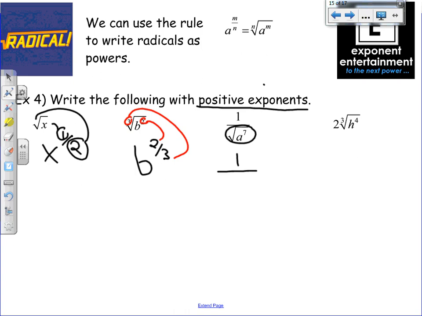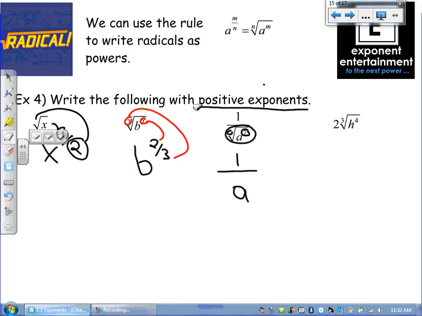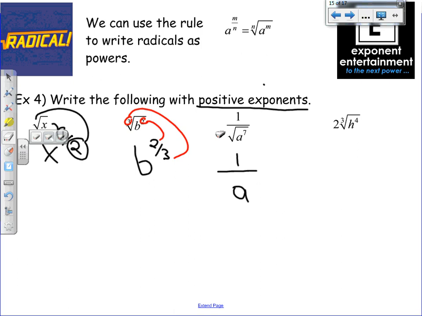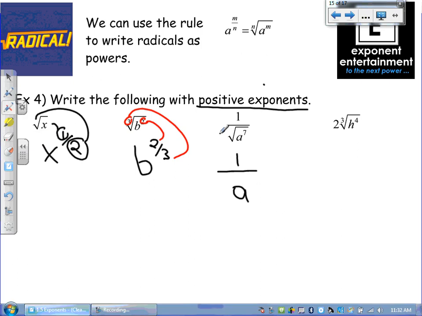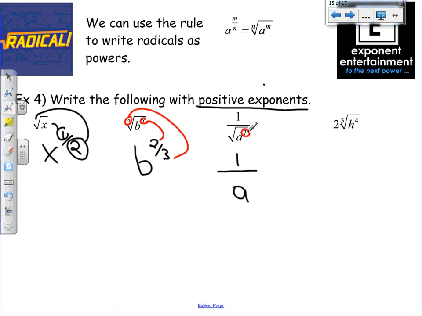Okay. Seven, so right there, it remains on top. That 2 that's supposed to be here, that's your new denominator. A to the power of 7/2.